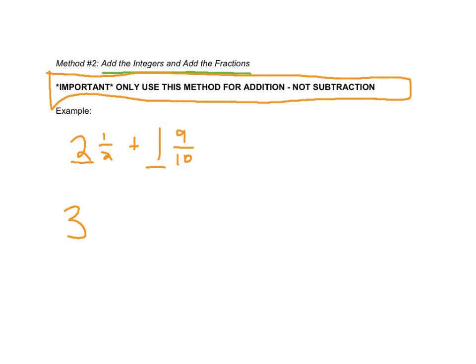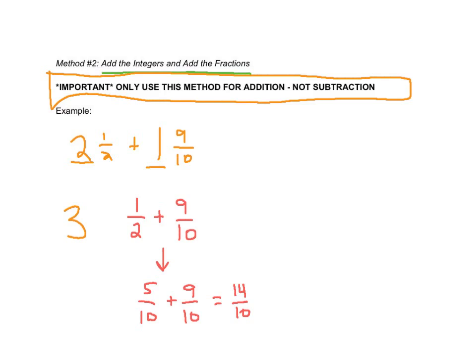We'll go half plus 9/10. We need to convert those to common denominators, so we have a common denominator of 10, which means we have 5/10 plus 9/10 is equal to 14/10.